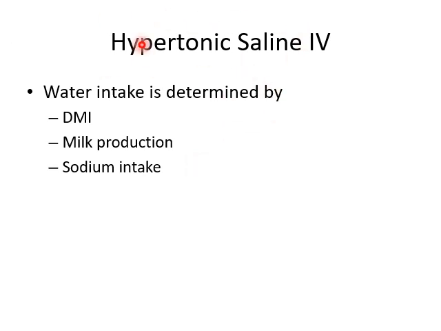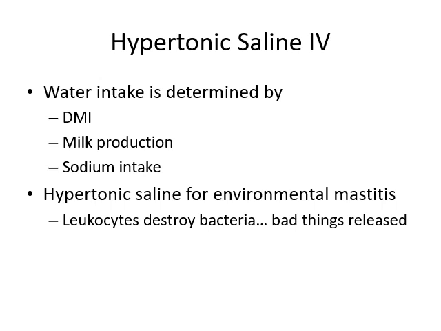But with a hypertonic saline, we're doing that through an IV. We're putting in more electrolytes, sodium and chloride. So we're thinking about hypertonic saline for environmental mastitis. That hypertonic saline is going to help us clear the body of the bad things that are a result of environmental mastitis. Leukocytes, the white blood cells, are going to destroy the bacteria.